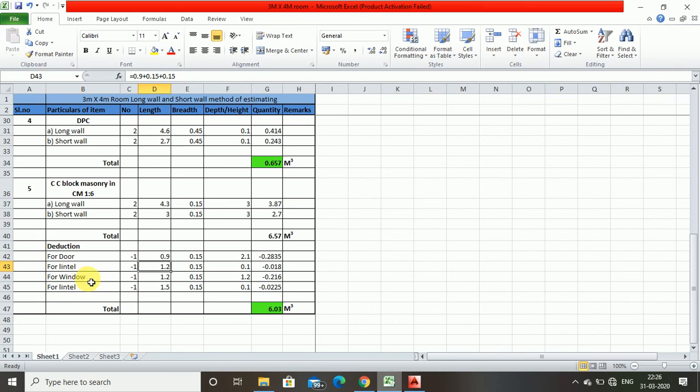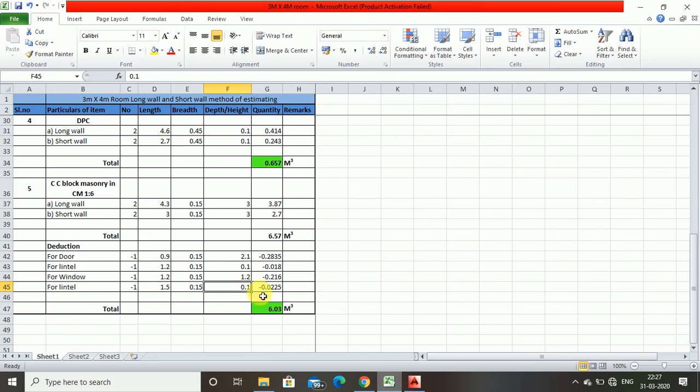Similarly for window we also take 1.2 by 1.2, the width is 0.15. Same as we have taken in the door lintel, 1.2 is the width, and both side I have taken a bearing 0.15 by 0.15.